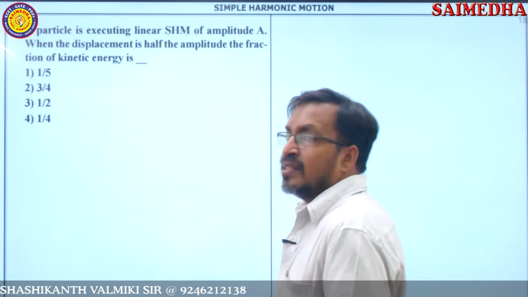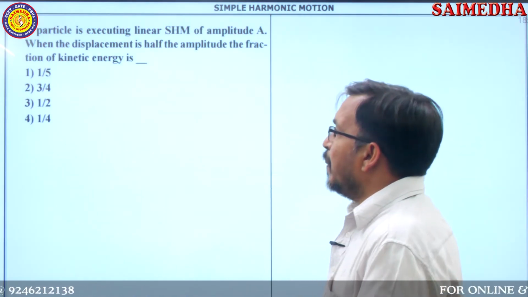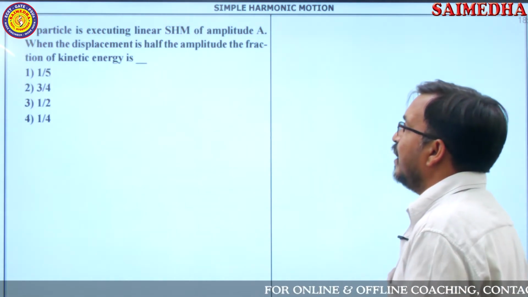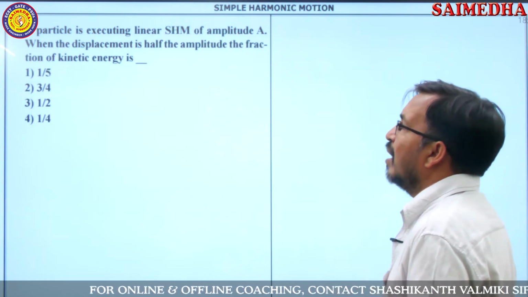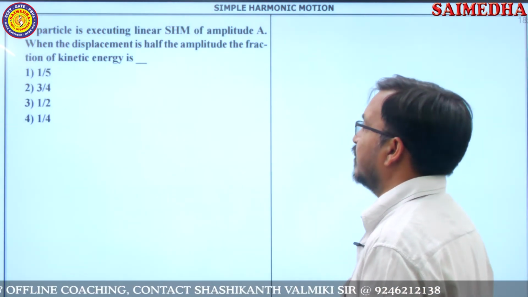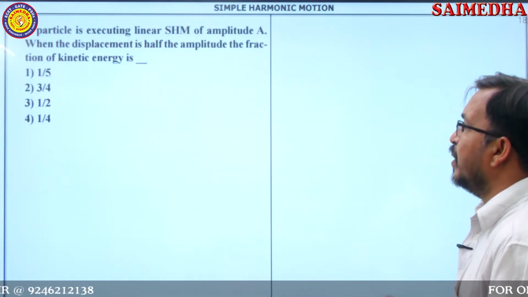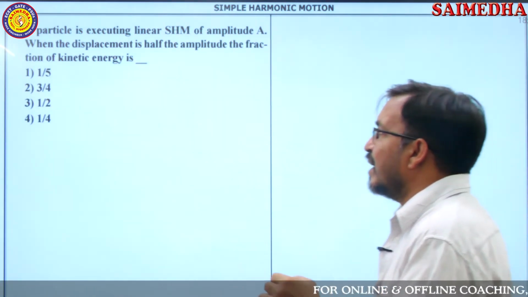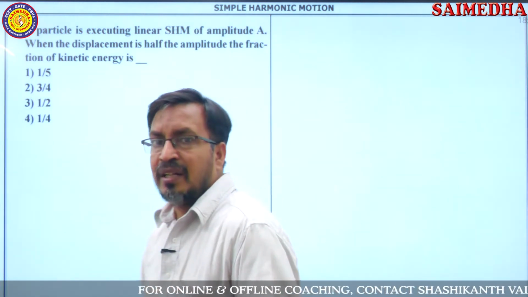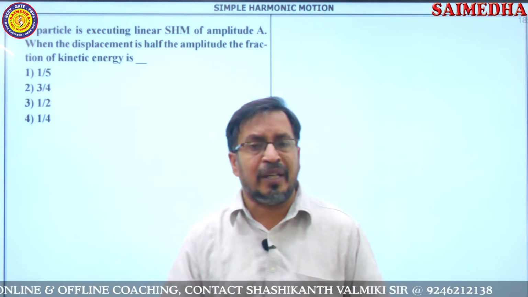See students, this is the third question. A particle is executing linear simple harmonic motion of amplitude A. When the displacement is a fraction of the amplitude, what is the fraction of kinetic energy? This is a kinetic energy question.